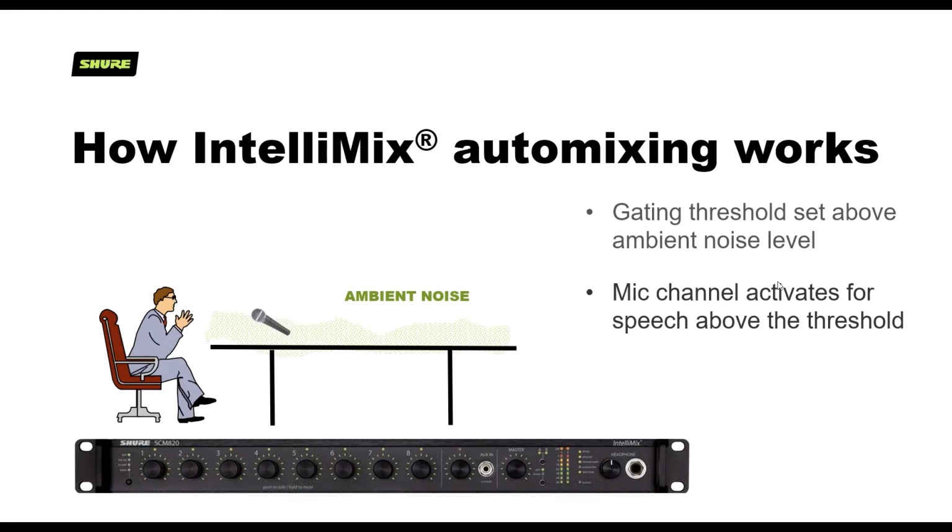For those of you who are familiar with noise gates that the sound technician operates, these types of auto mixers just set their threshold automatically. The algorithm is able to determine what is speech and what is noise and gate the microphones off when it's only sensing noise. And when someone speaks into the microphone, the speech level only needs to be 1 dB louder than the ambient noise level for the mixer to gate that channel on.